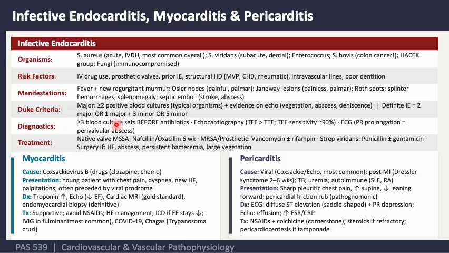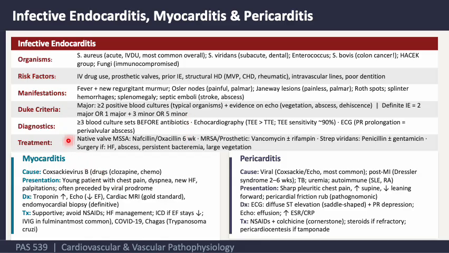For diagnostics, you should obtain 3 blood culture sets before antibiotics, and get an echocardiogram. A TEE, a transesophageal echocardiogram, is more sensitive than a transthoracic. Get an ECG, making sure they don't have any PR prolongation, which may indicate a perivalvular abscess.